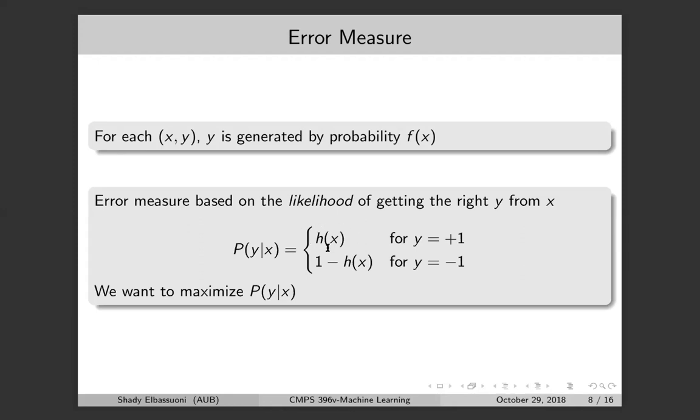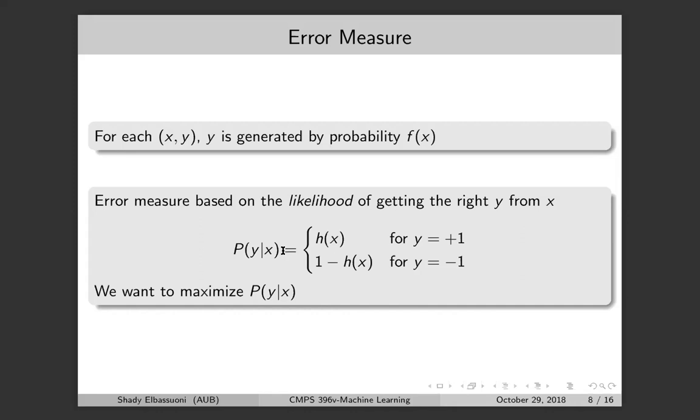This hypothesis approximates f of x. I want to measure how good it approximates f of x based on the training data that I have. So I want to maximize the probability of y given x using this hypothesis. Using these weights, what is the probability that if I look at a particular point or instance that I get +1? Do these weights give me very high probability of generating +1 for this instance? Yes or no? And I do this over all the instances that I have in the training set.